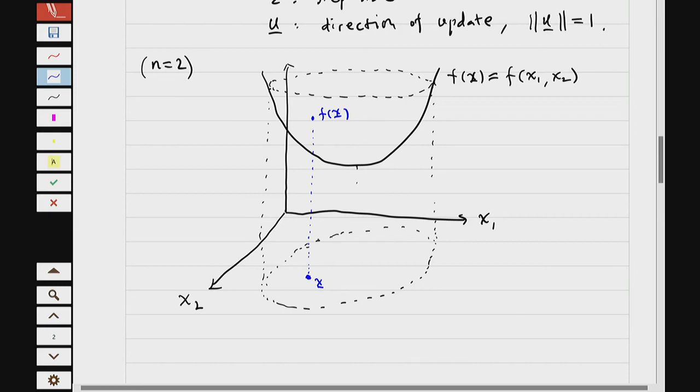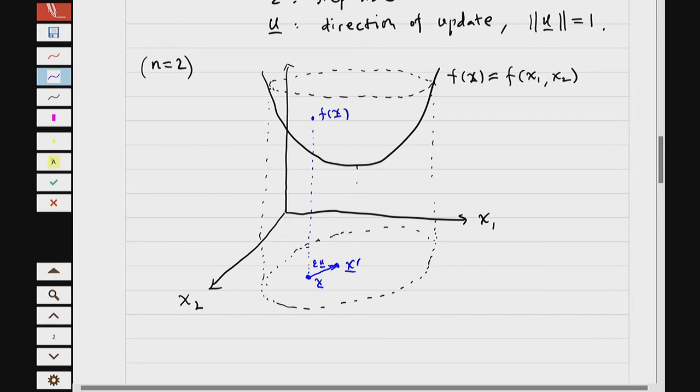Your goal is to find the next x. Let's say it's x prime that you want to find. You want to jump there. So this vector will be your epsilon times u, right? That's your update vector. You use a little update, you go from here to there.